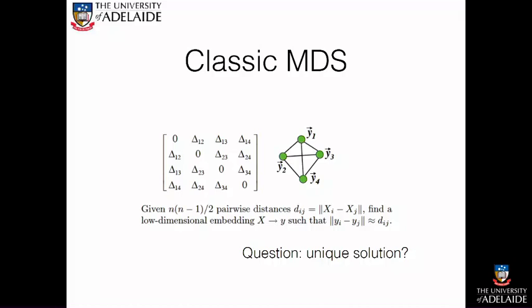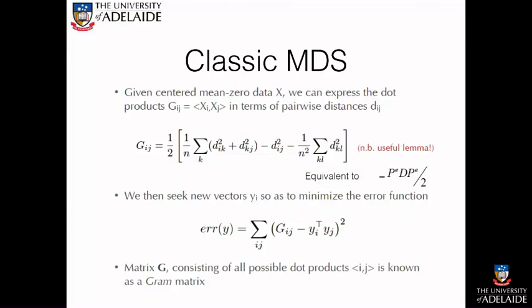If we want to strictly make the distance the same, then the problem becomes infeasible, and you will not be able to find such an embedding space. So that's the idea, to preserve the pairwise distance in the embedding space.